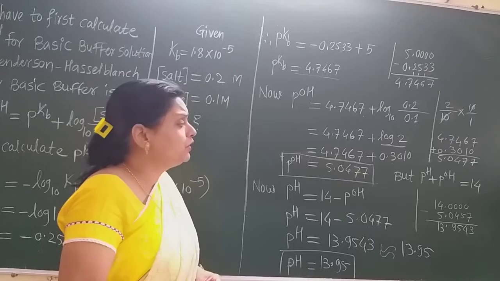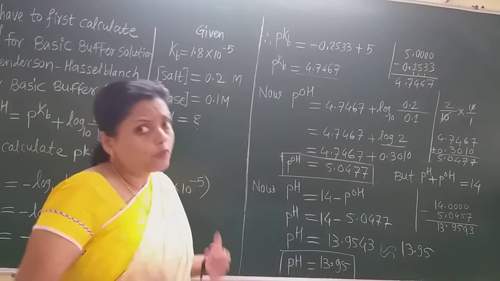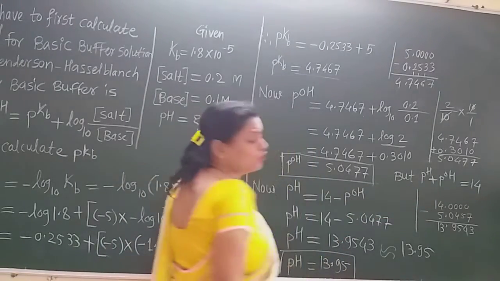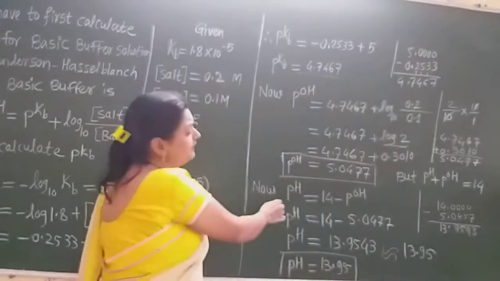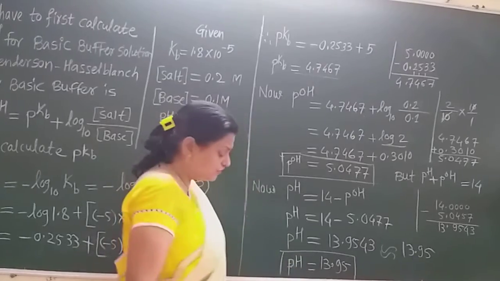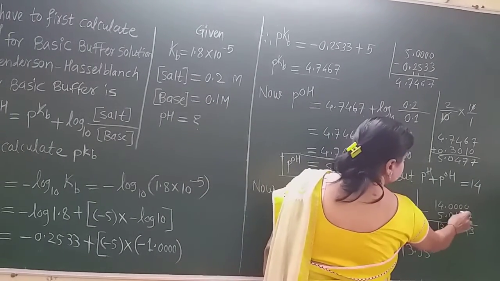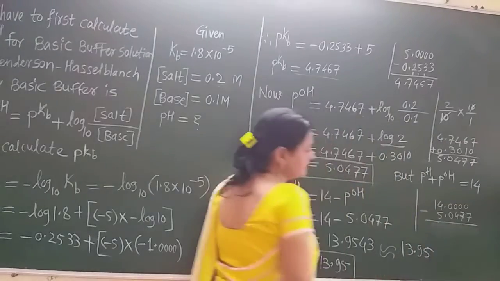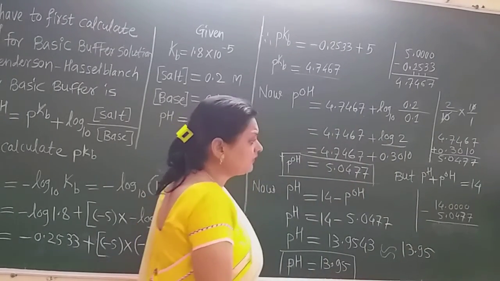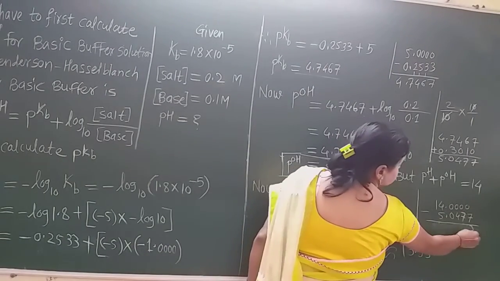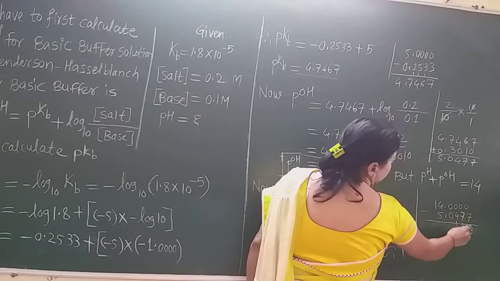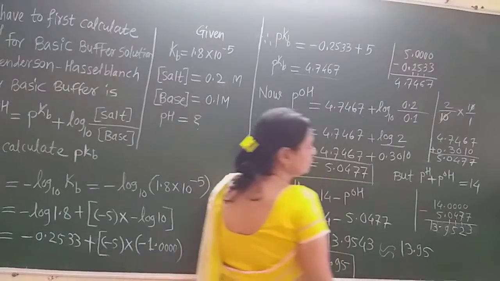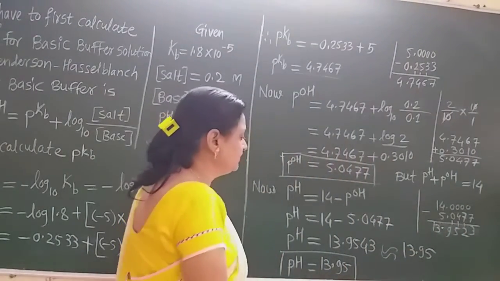Now we know that if we obtain the pOH value, we can calculate the pH value. So pH plus pOH is equal to 14, and therefore pH is equal to 14 minus pOH. So you subtract this value of pOH, and you will obtain 13.9523.